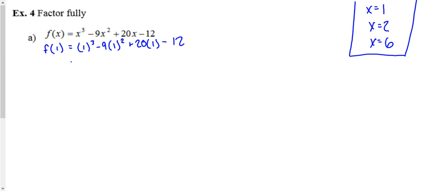What does that get us? Let's clean this up. That's 1, that's minus 9, that's positive 20, and minus 12. And if we added all these up, that actually does get us to 0. So therefore, our first factor is going to be x minus 1.